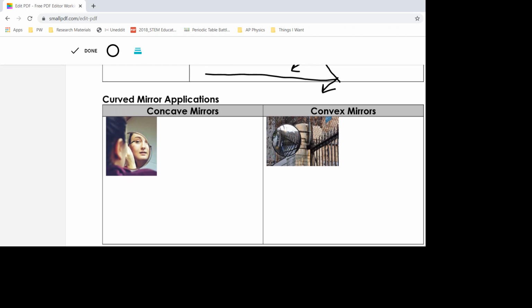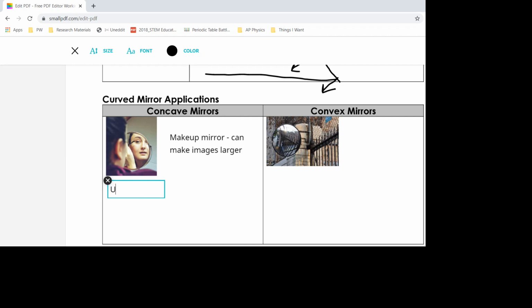So if we want to think about some applications of these specific types of mirrors, concave mirrors can be used, for example, for makeup application or anytime you want to get real up close to an image. And there's also another application that I think more people are familiar with, but may not know the type of mirror that's actually used.